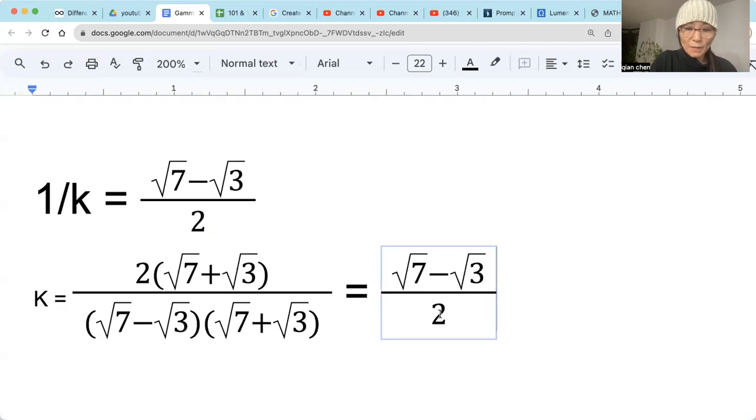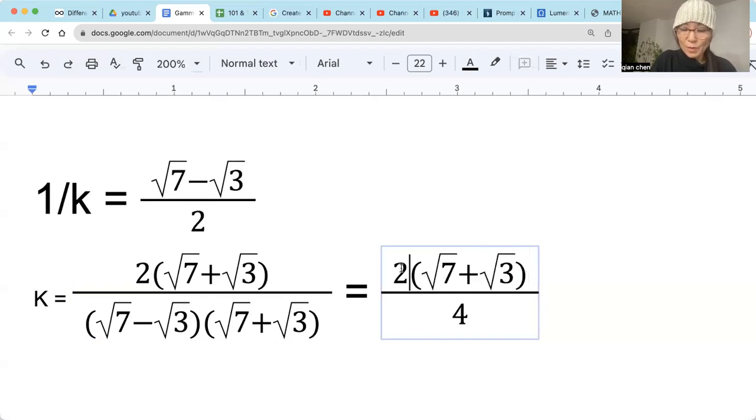So the denominator, I get a 4. The numerator, I get a 2 times square root of 7 plus square root of 3. And 2 and 4 can be simplified, and it becomes half.